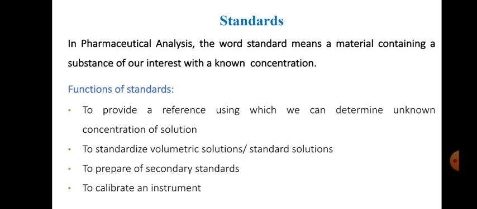Then for calibrating the instrument or calibrating the glassware also we require the standards. So these are several functions of standards that we need to use in pharmaceutical analysis, especially with respect to the volumetric methods of analysis where we are interested in performing different kinds of titrations.